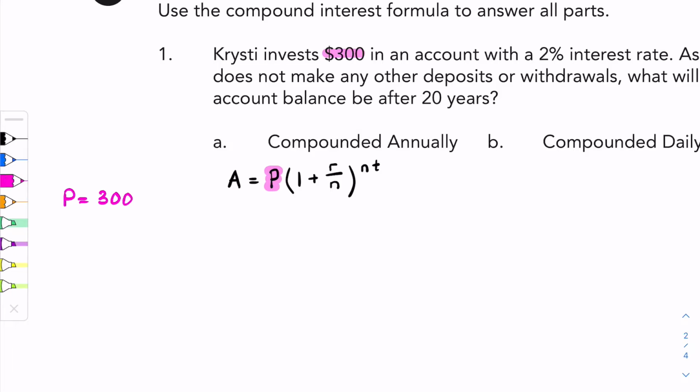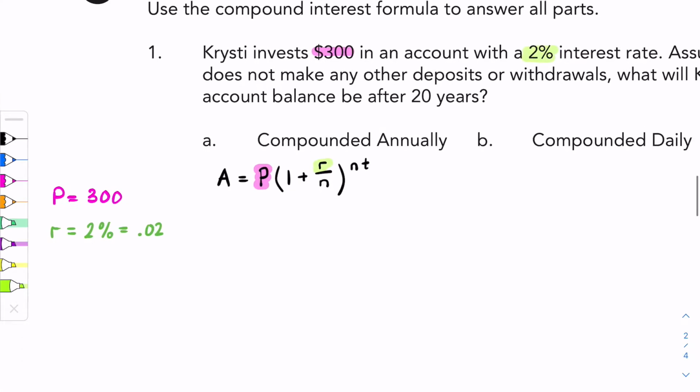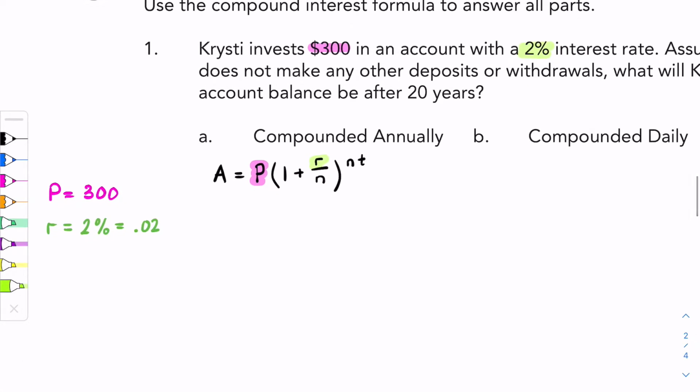Next, let's look at the rate. The rate is the interest rate she's earning. In our description above, we have a 2% interest rate, which as a decimal is 0.02, and I'm locating that right there. The next piece of information we need to fill in is the number of times compounded.